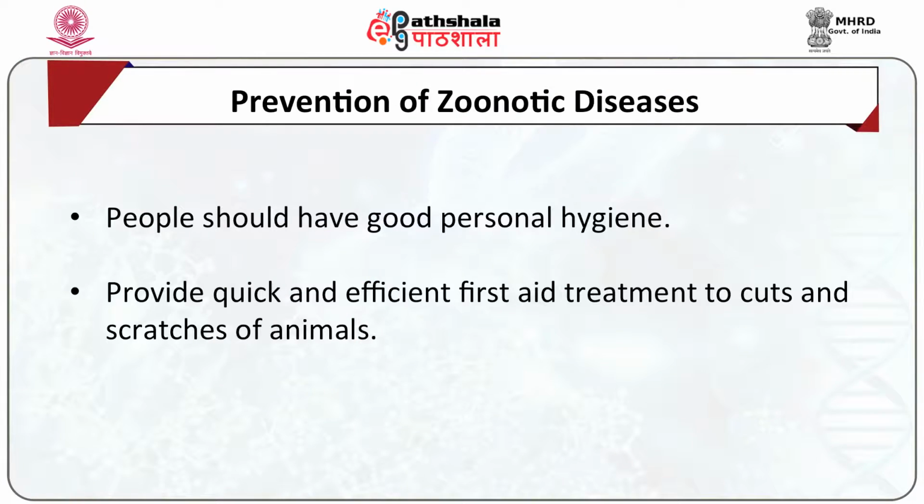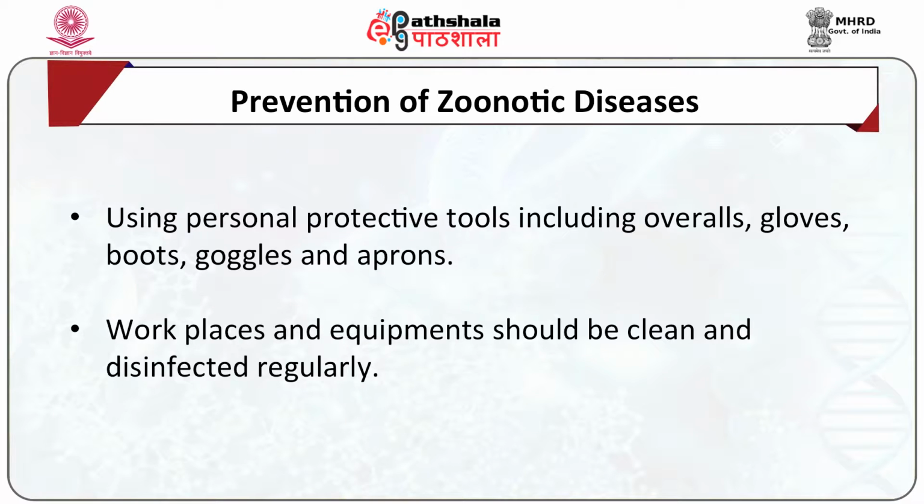Now coming to the precautions to prevent zoonotic diseases. First, people should have good personal hygiene. Provide quick and efficient first aid treatment to cuts and scratches from animals. Next, use personal protective tools like overalls, gloves, boots, goggles and aprons.